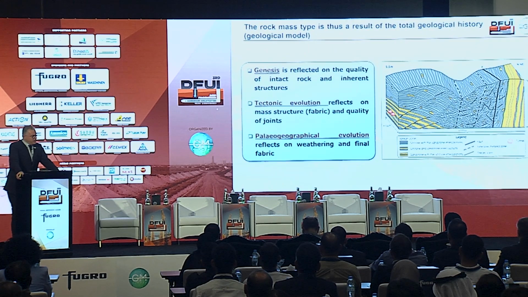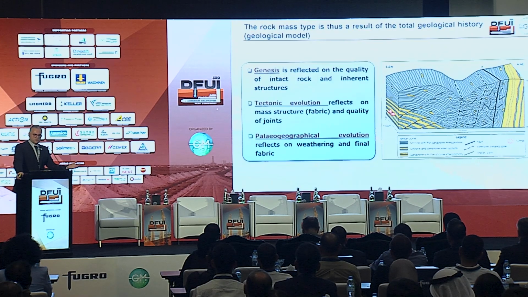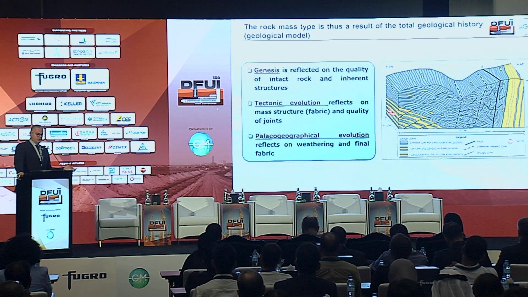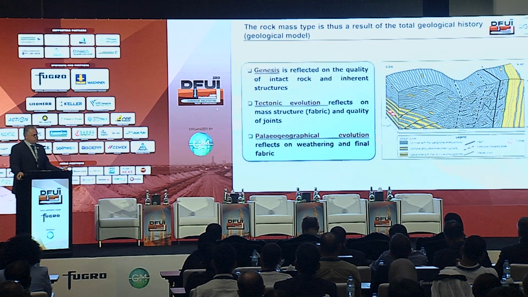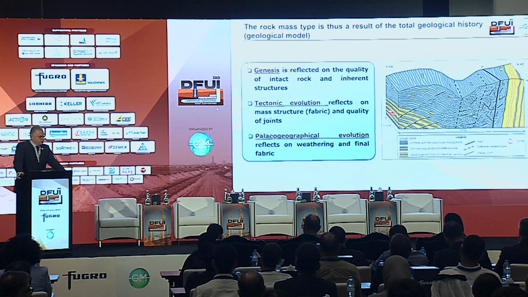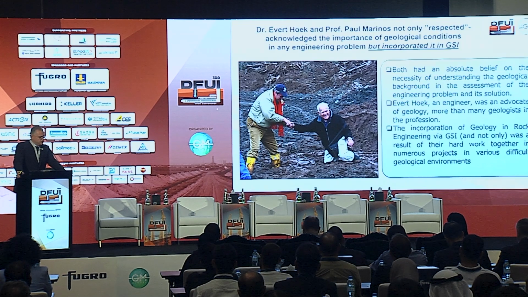Then we have to go back to the rock mass type definition, of course. We need to look at the geological history. Genesis is reflected in the quality of the intact rock and the inherent structures. Tectonism is reflected in the rock mass structure and the quality of the joints. Then paleogeographic evolution is reflected in the structure, the intact rock disturbance, and also the rock mass disturbance.